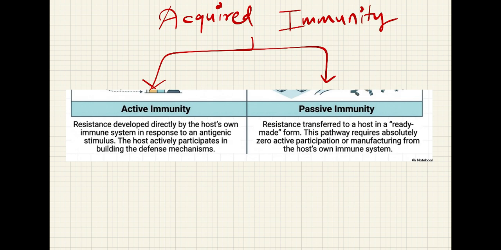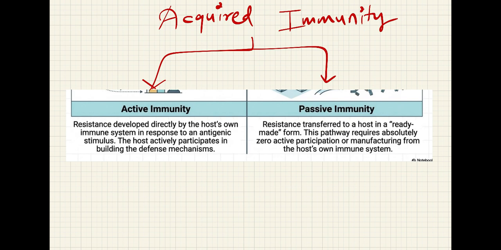This acquired immunity is further categorized by how the host actually participates in the process. Think of active immunity as an internal biological manufacturing plant. The host's own immune system actively participates in building the defense mechanisms directly in response to a stimulus. Passive immunity, on the other hand, is more like a biological airdrop.